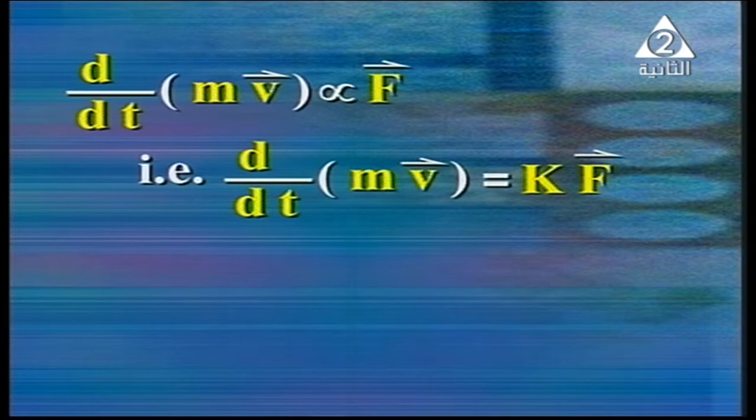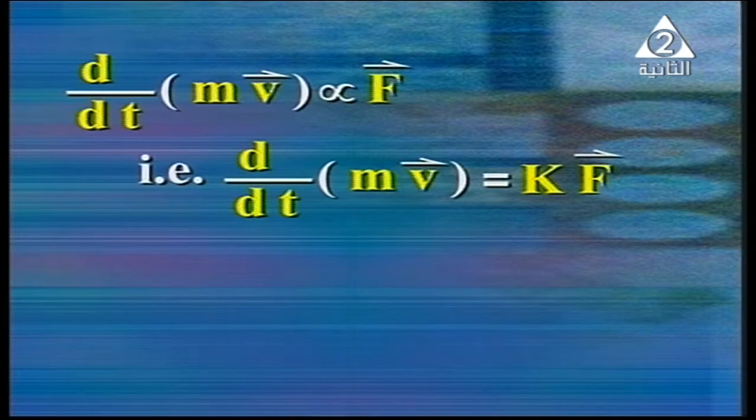Look at this equation, it is very important. d over dt of mv varies directly, or is proportional, to the force F. Then d over dt of mv equals kF.